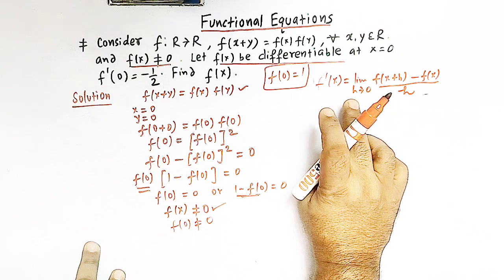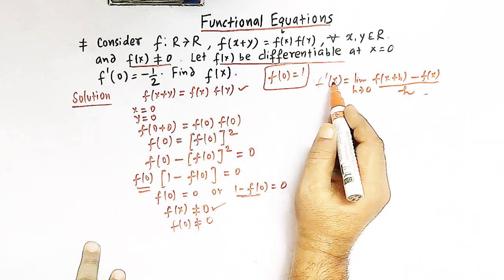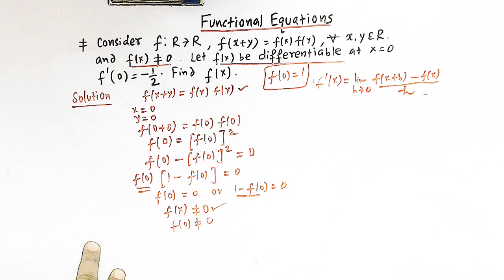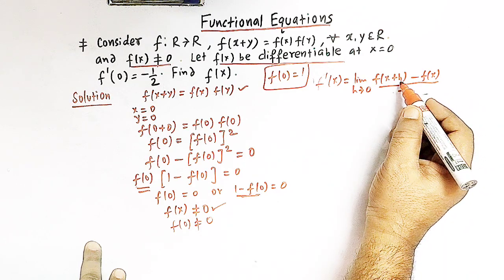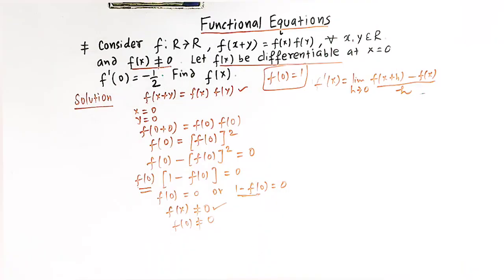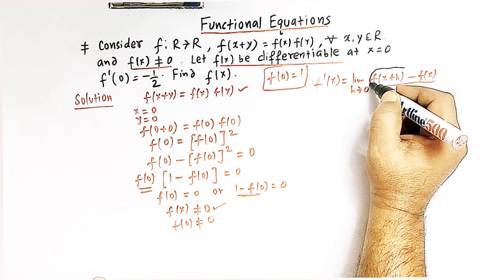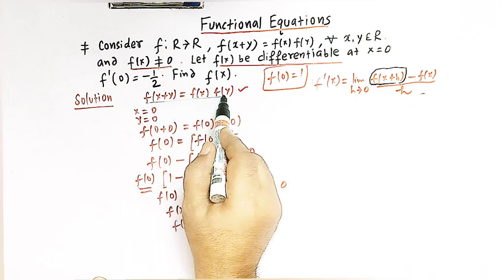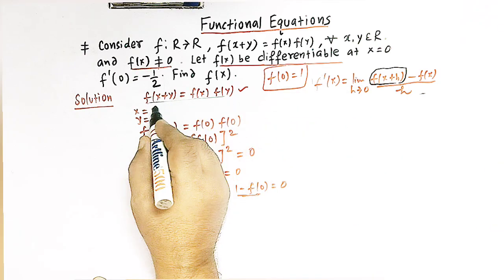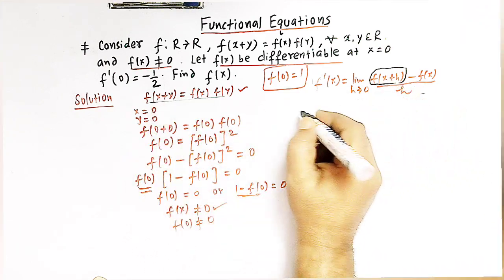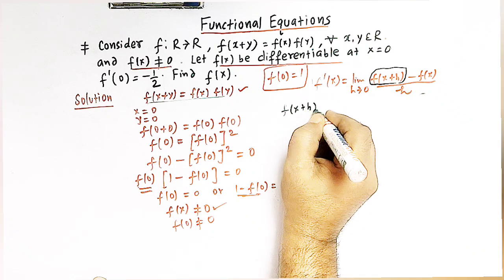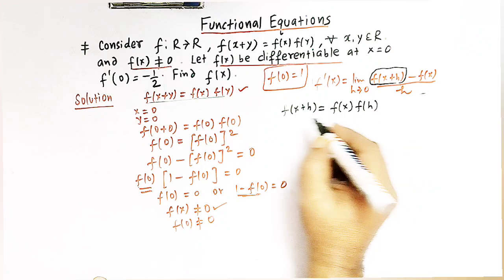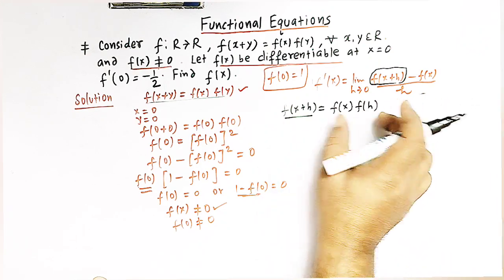This is the definition of the derivative, and remember here h is infinitesimally small. Now we have the term f of x plus h. Applying the functional equation, we can write f of x plus h as the product of f of x and f of h. Let us substitute this value.